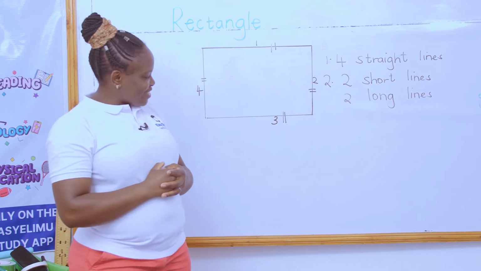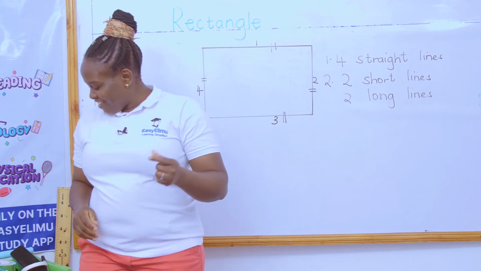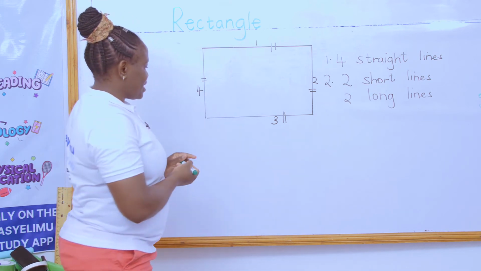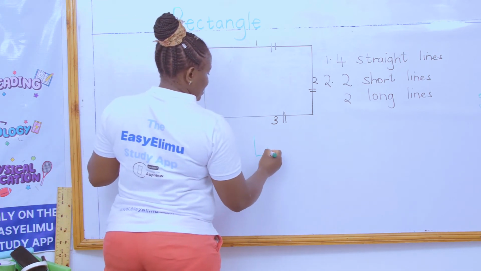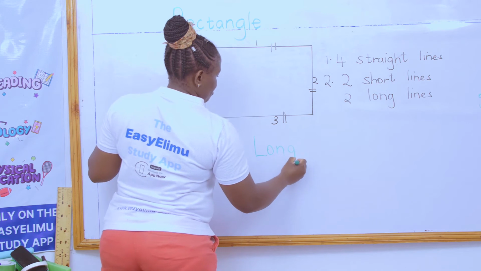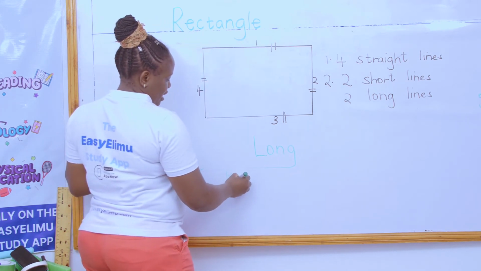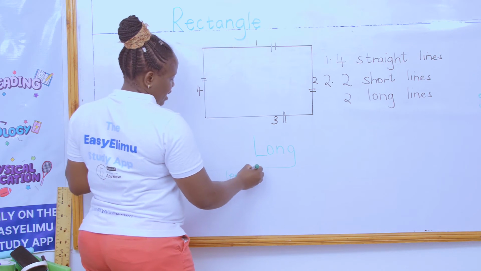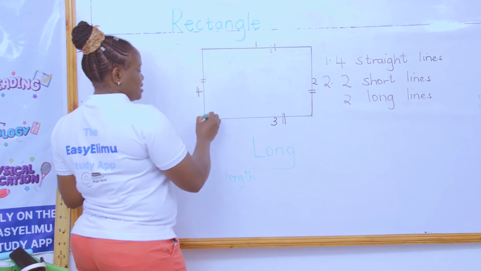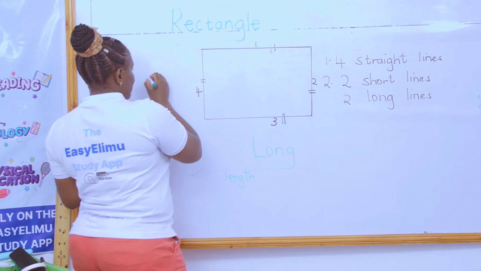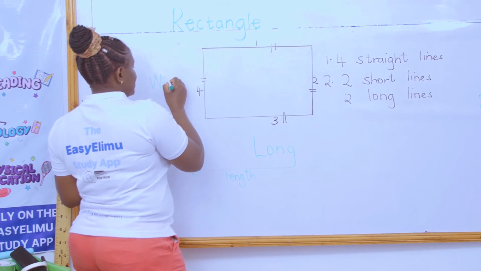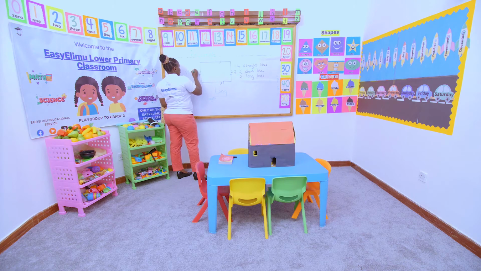Remember, teacher wrote something like this and said, we say long. And we make sure this one is long. The long side is called the length. And this smaller side, how wide something is, is called the width.